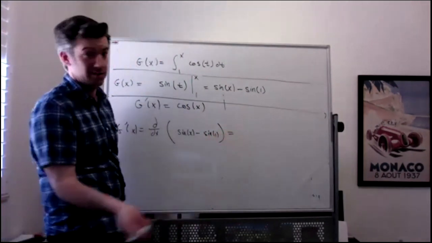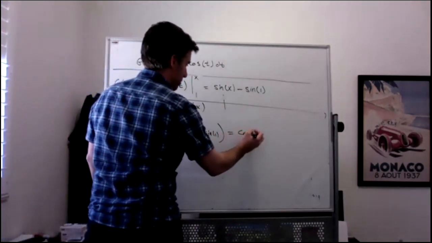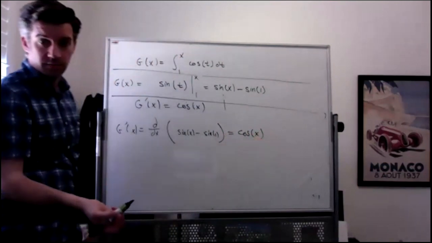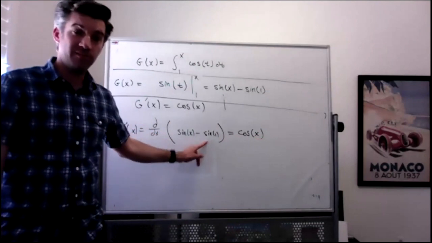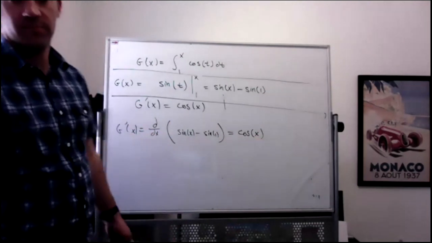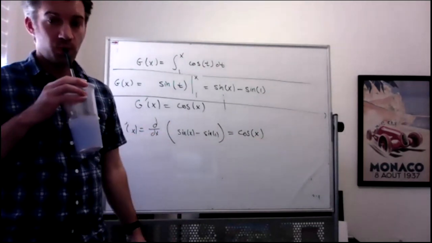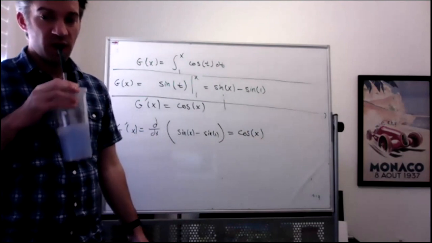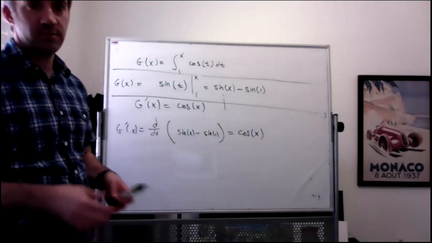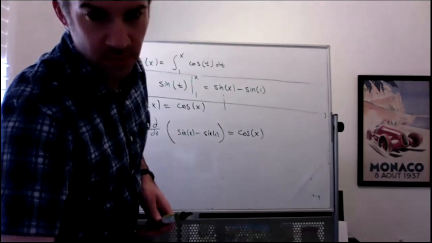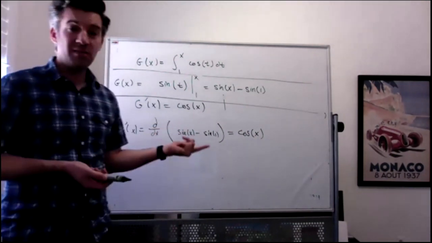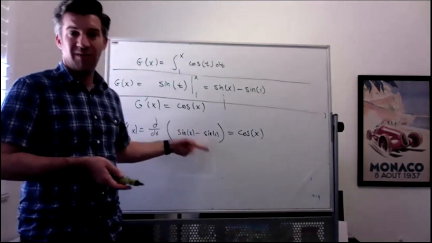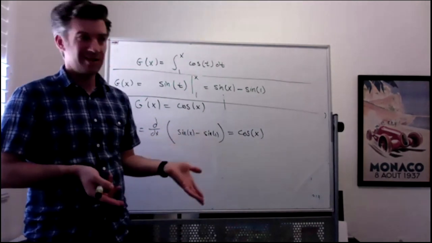No surprise, cosine of x. What's the derivative of sine of 1? Exactly, it's 0. You know it's going to be 0 because there's no variables there.